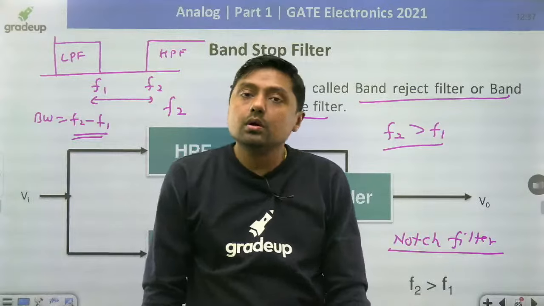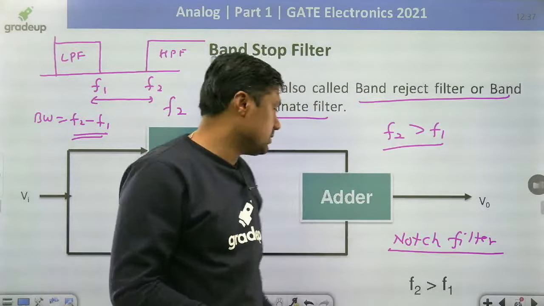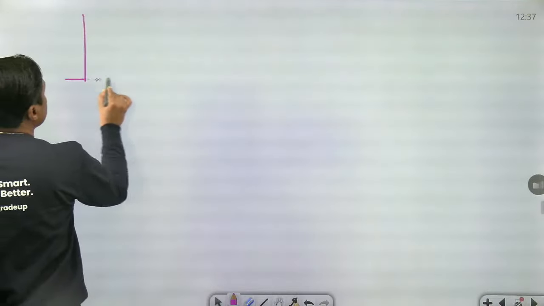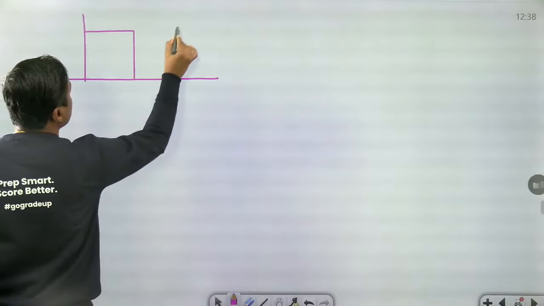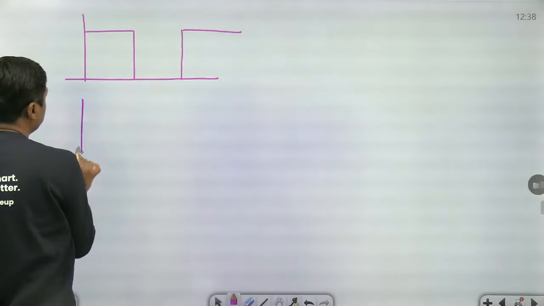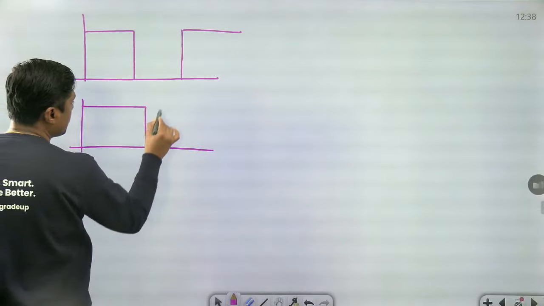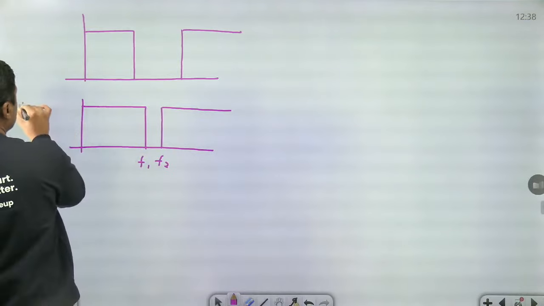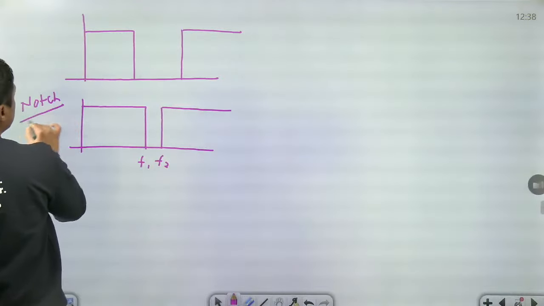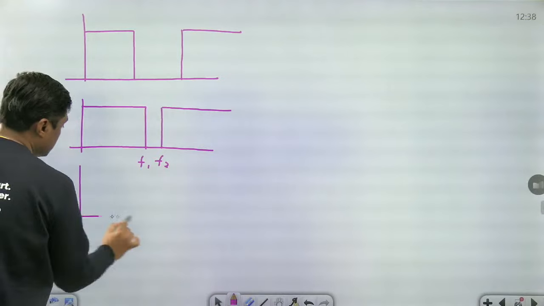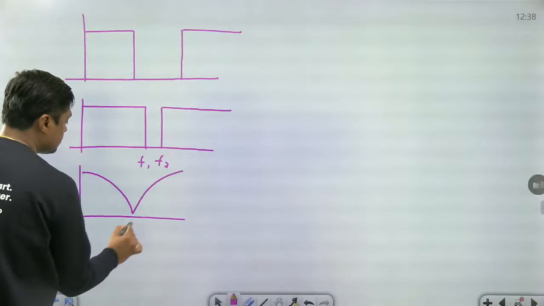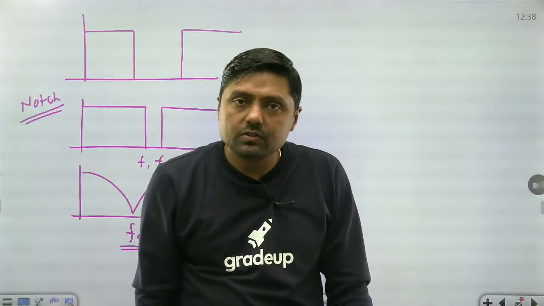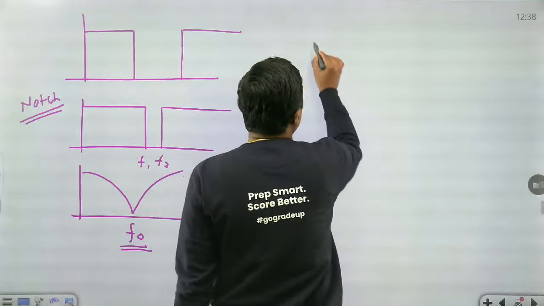This bandwidth is very small, very low. This is F2 and this is F1. This is called a notch filter. A notch filter is nothing but a special case of the band stop filter. Normally the practical diagram is like this, with F0.